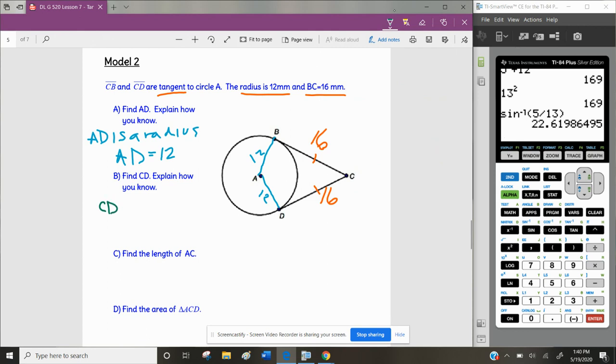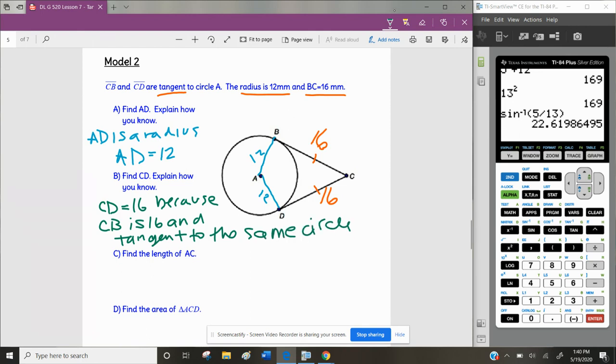So CD is going to be 16 because CB is 16 and tangent to the same circle from the same point, from same outer point C. And that's what the theorem is, right? That's what the theorem says.